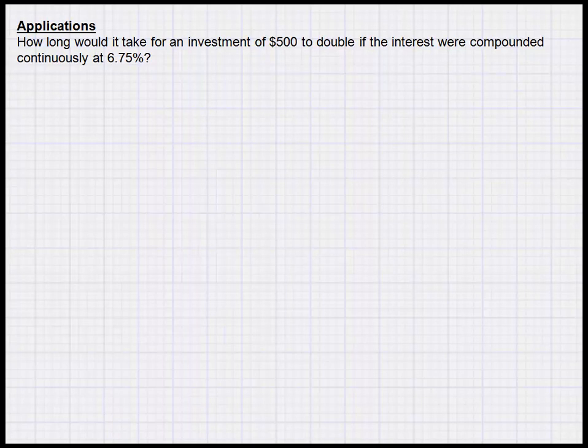So how long will it take for an investment of $500 to double if the interest were compounded continuously at 6.75%?